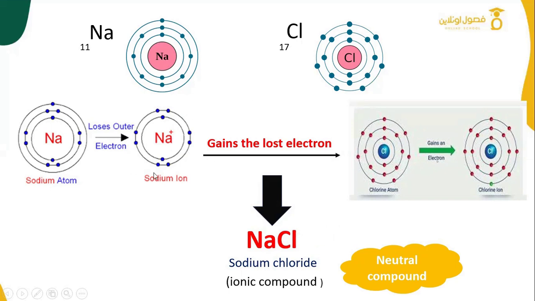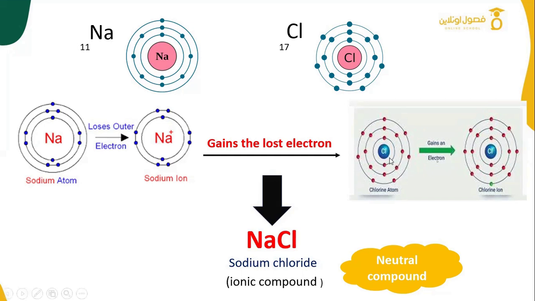If we look at the positive sodium ion, we notice it has 1 positive charge above it. This 1 positive charge refers to the number of lost electrons. Sodium atom loses 1 electron, so it has 1 positive charge above it. Also, chloride ion has 1 negative charge above it, referring to the number of gained electrons.